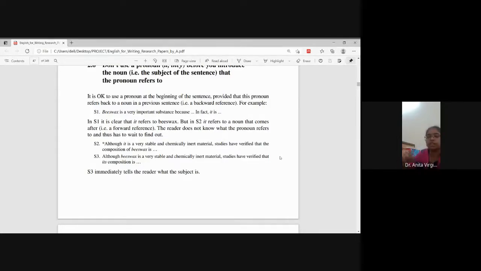Instead, you have to use: "Although beeswax is a very stable and chemically inert material, studies have verified that its composition is easily perfect." This is the correction you have to make. So even before using the noun, you shouldn't use "it" or "they".